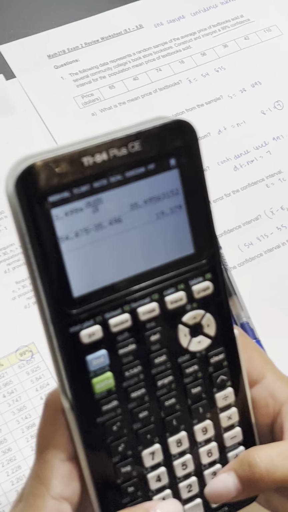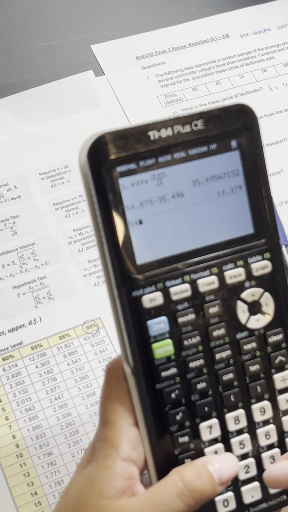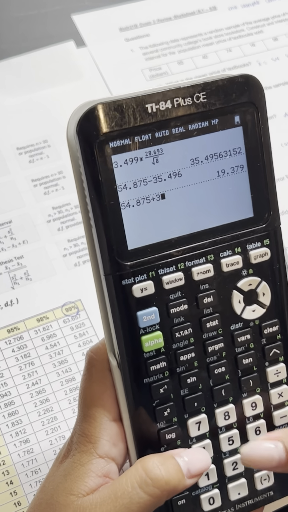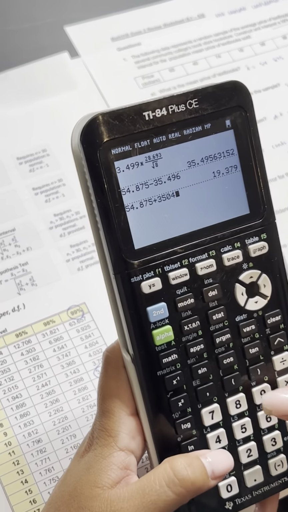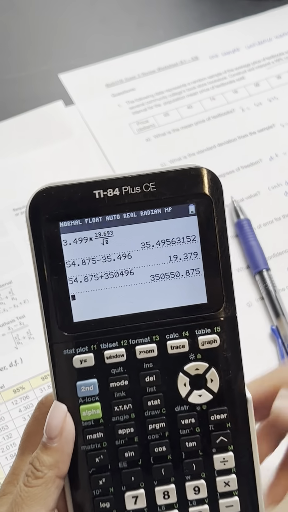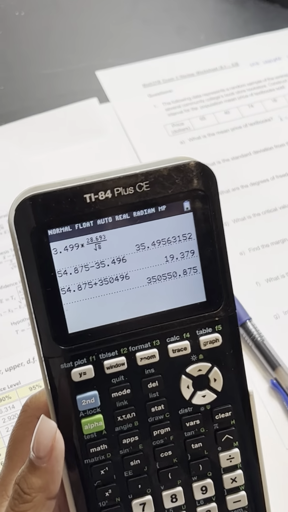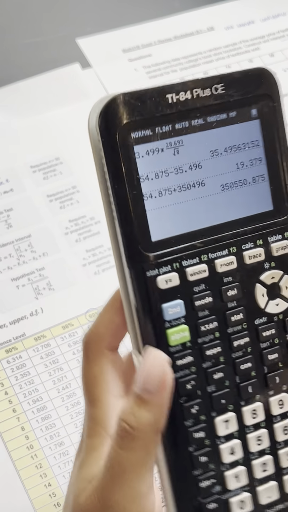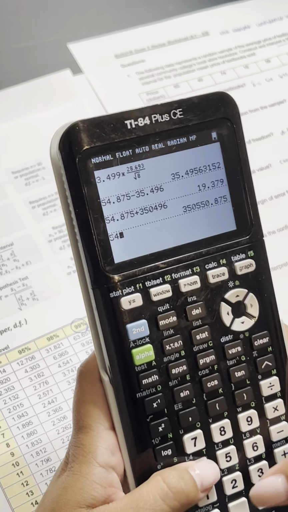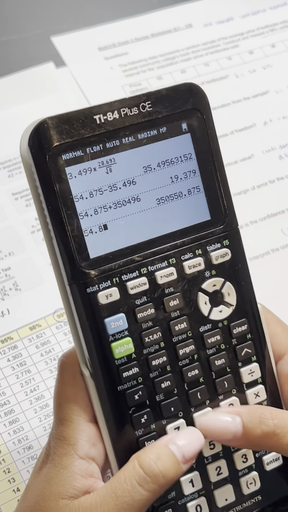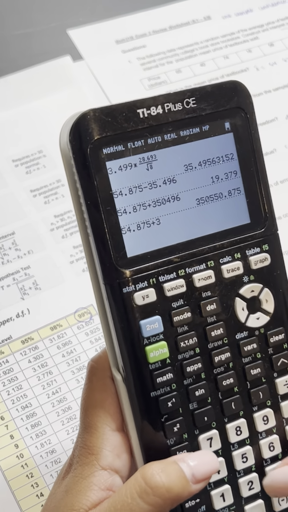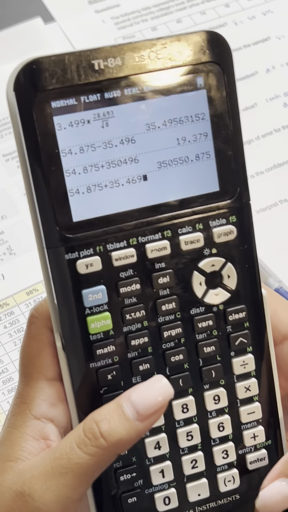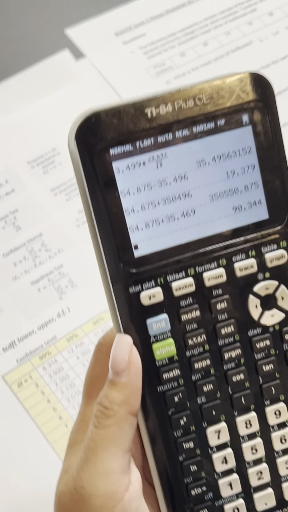Now we're going to do the same thing, but we're going to add: 54.875 plus 35.496. Oh wait, I did something wrong. Okay, let me redo that: 54.875 plus 35.496. We want to be careful when we put these numbers in. There we go.